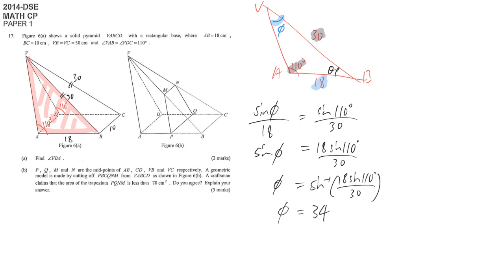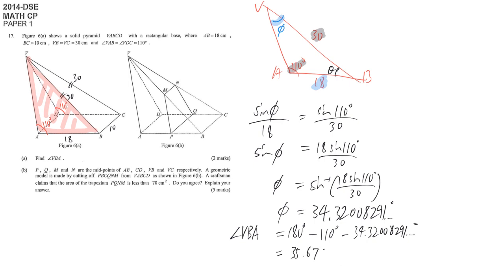We get 34.32008291 degrees. Therefore, our target VBA, that means theta, is equal to 180 degrees minus 110 degrees minus 34.32. Then we get 35.67991709 degrees. You may write 35.7 degrees, correct to three significant figures.